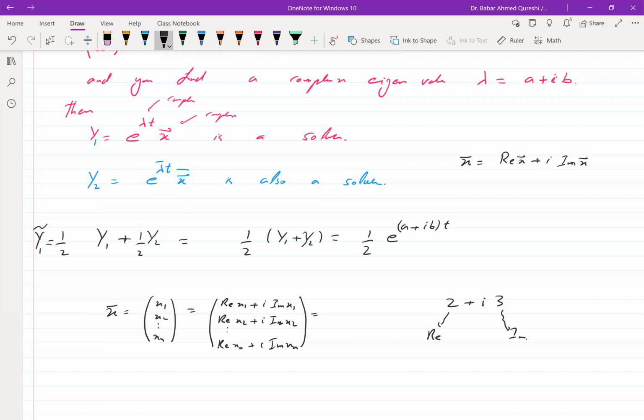So this thing I'm writing as separating it out, where the real part of x is just a column of these plus iota times a column of these.